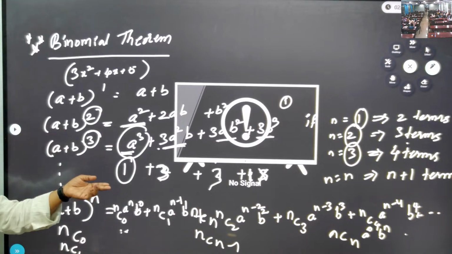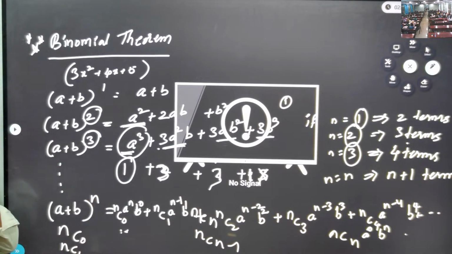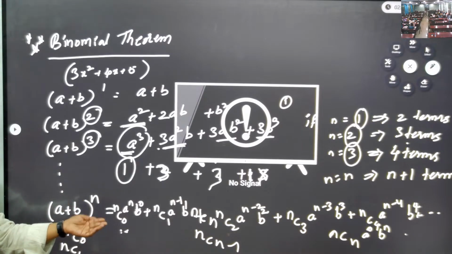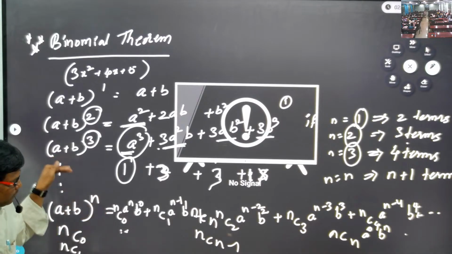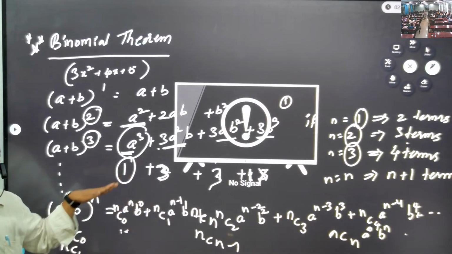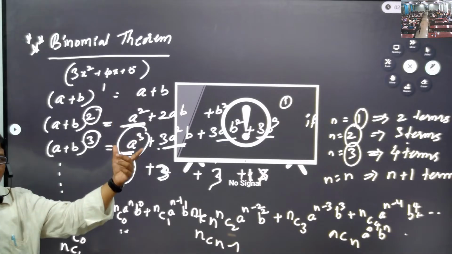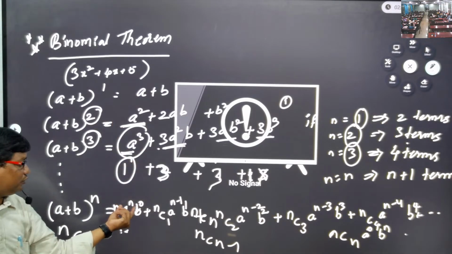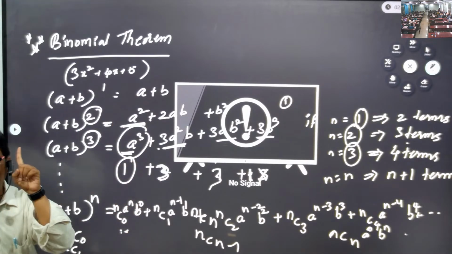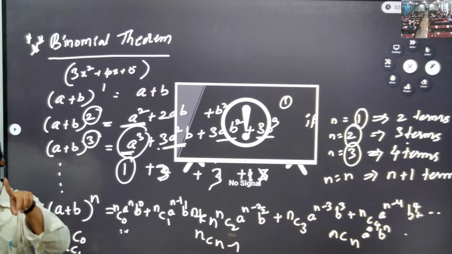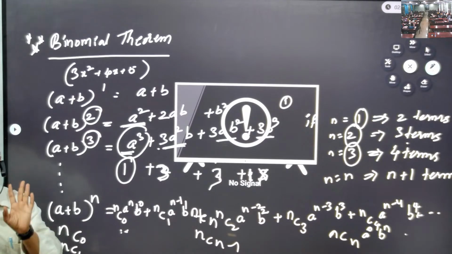It is going to reflect the terms and how your a value and b value are behaving. Your a value is going to keep on decreasing, the b value is going to keep on increasing, and the summation of these two terms will yield the n value. That we have to remember.